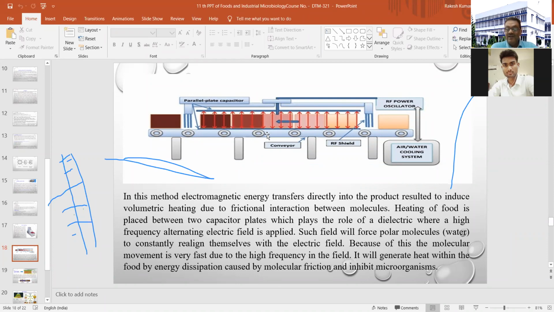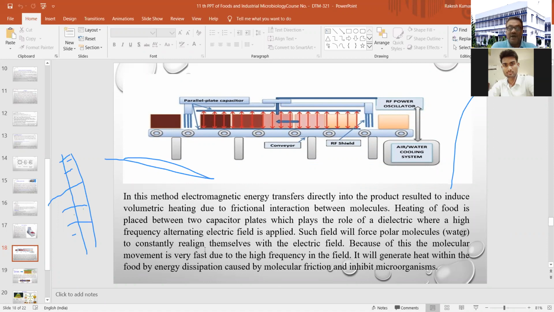The field created by this alternating electric current will force polar molecules, that is water, to constantly realign themselves with the electric field.